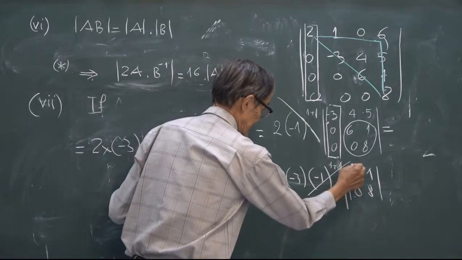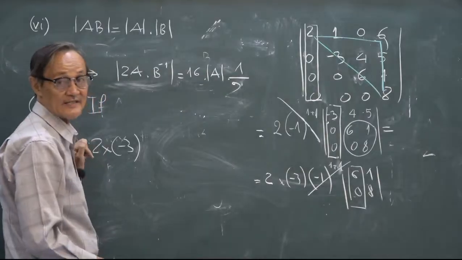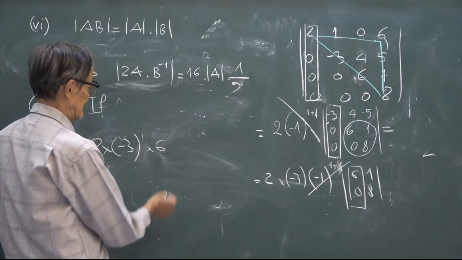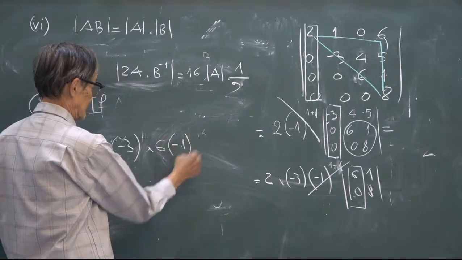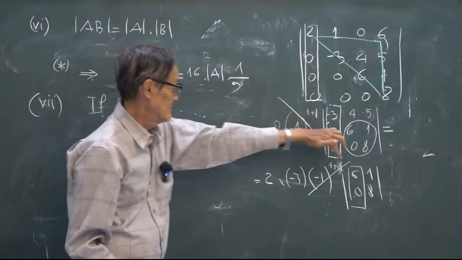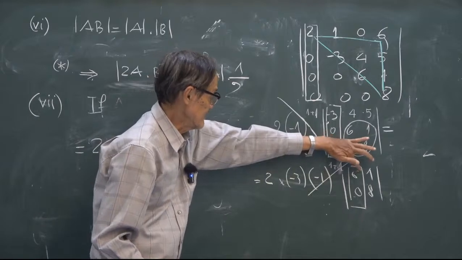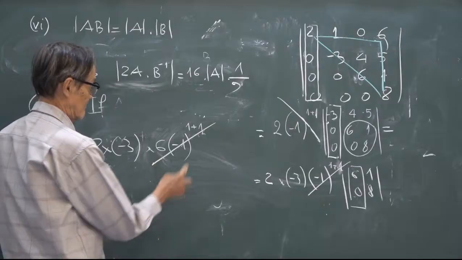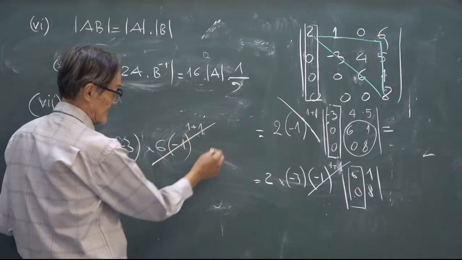And now expand by the first column. We have this 6 and the number minus sign of this, row 1, column 1, 2, 2, minus.